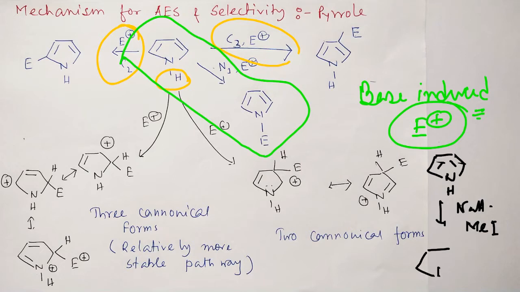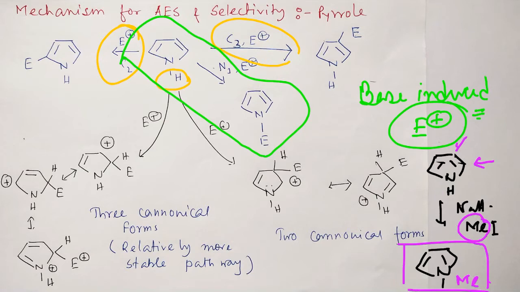From that we get N-methyl pyrrole. Okay, but instead of that, if you take a base like Grignard reagent and another electrophile, the carbon based electrophile, then it is preferred on this C2.